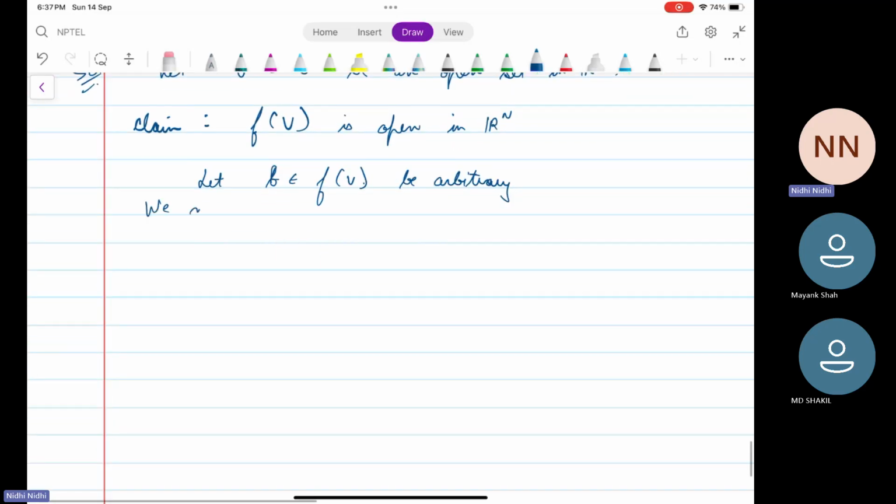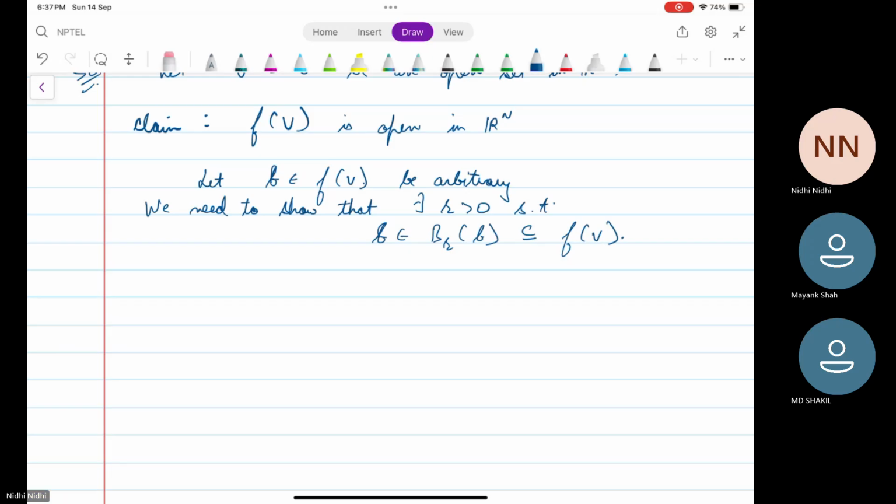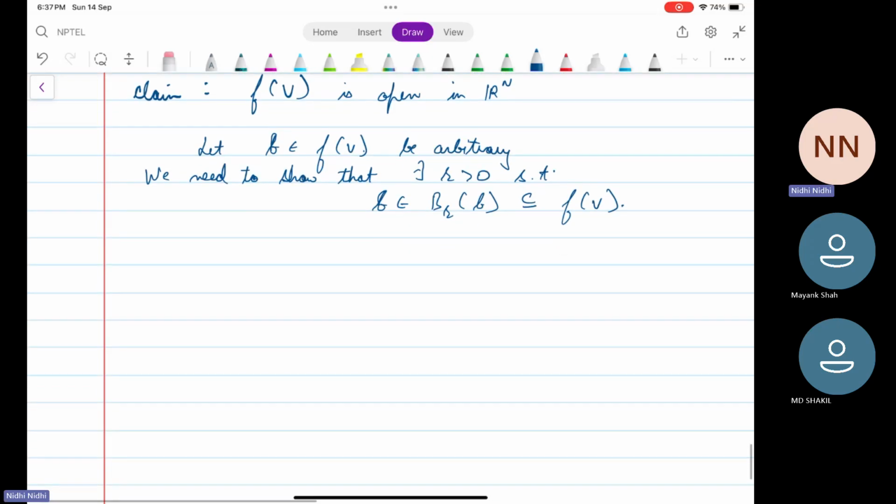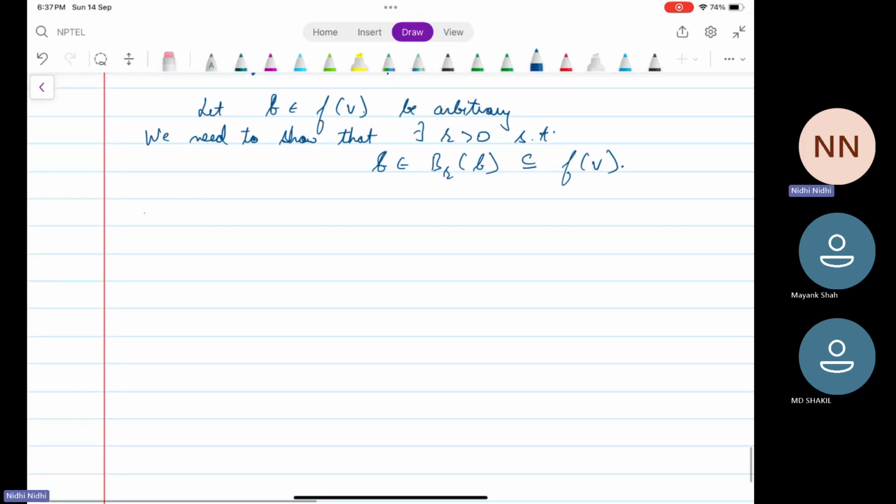So we need to show that there exists some r positive such that b belongs to B(r, b), and this is contained in f(V).